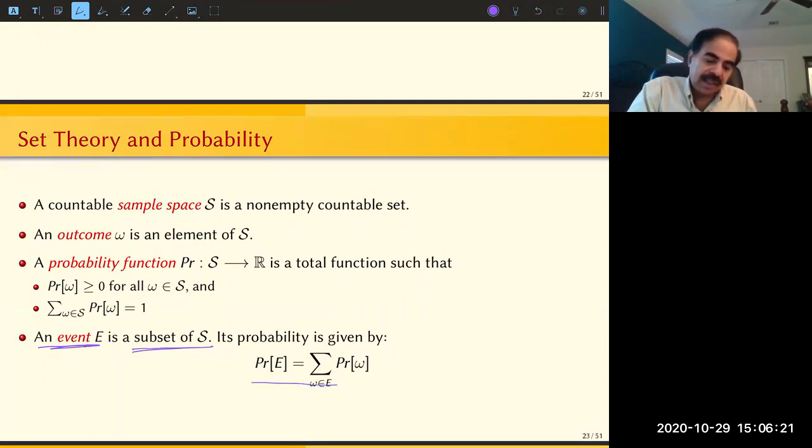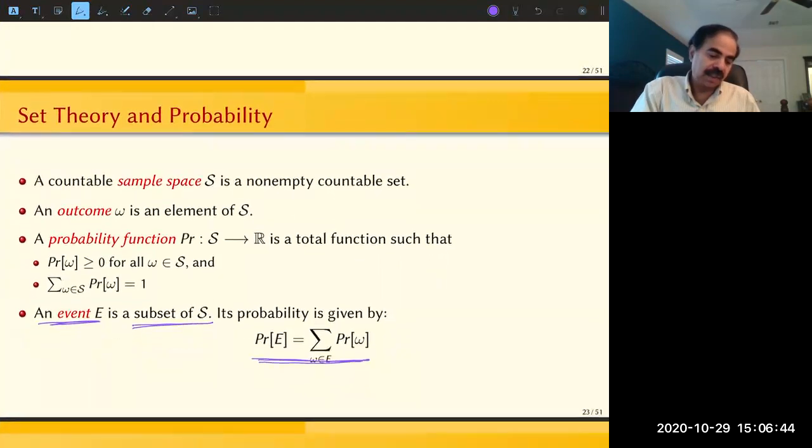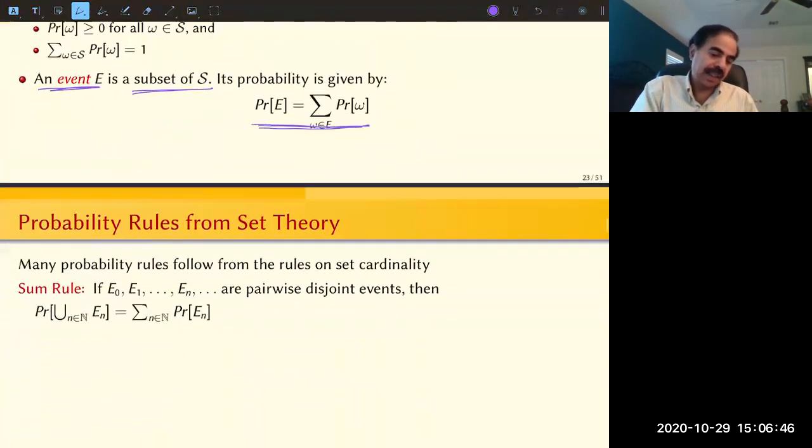We can associate a probability with this event in a very natural way: you take all the outcomes, or all the elements of this set, and you add up their probabilities, and that gives you the probability of the event itself. That's the definition of an event probability in this context.